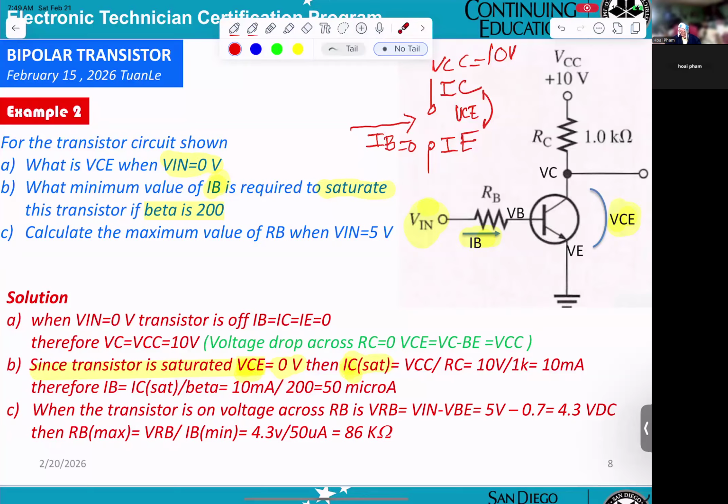Then IB minimum equals VRB divided by RB, so RB equals 4.3 volt divided by the minimum IB, 50 microamp. That gives you the value of RB equal to 86 kilo ohm.